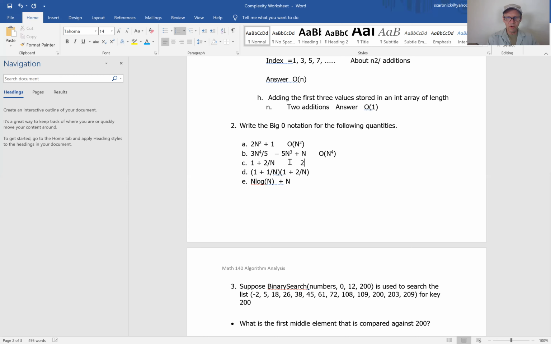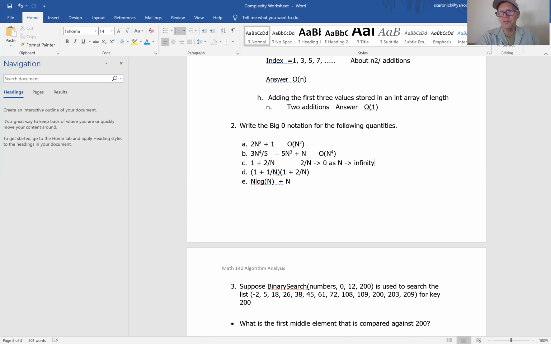First of all, 2 over n goes to 0 as n goes to infinity. I'm just going to write out infinity, so I don't have to go up there in the menu and look for the symbol. That's what we care about. 2 over n is really insignificant for large n. Even for n equal to 100, we have 0.02, and for n equal 1,000, which is really a very small data size, it's 0.002.